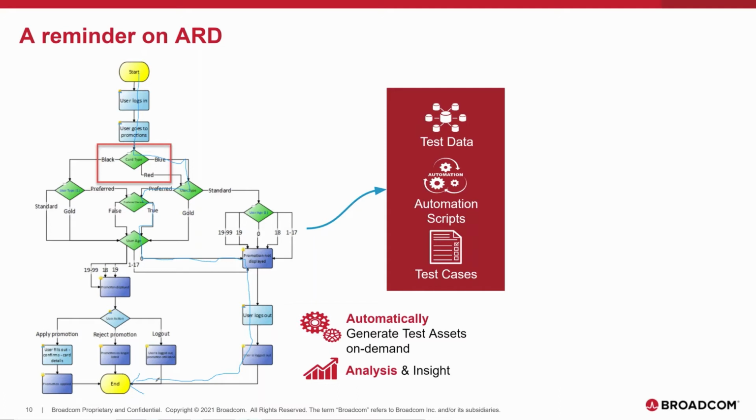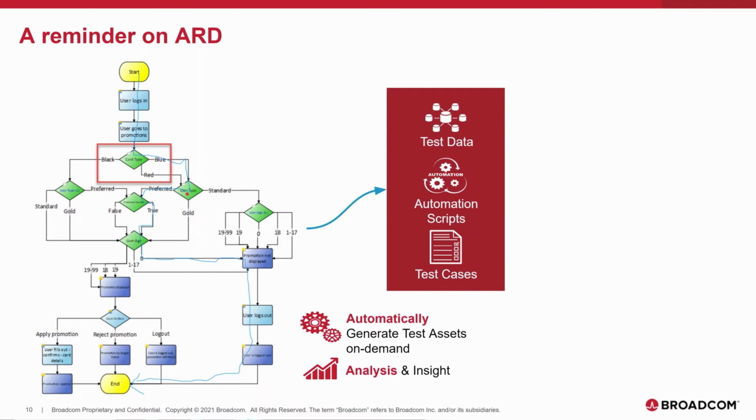The other key thing about model-based testing is that you never really care about an individual asset. You're not interested in one test case that has come from this or one piece of automation. You don't maintain those directly. You maintain this model.